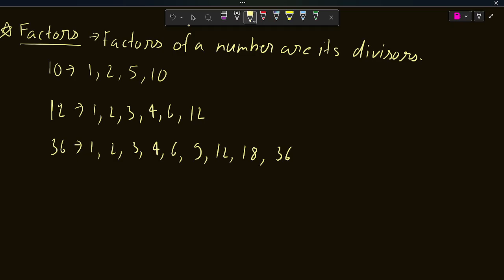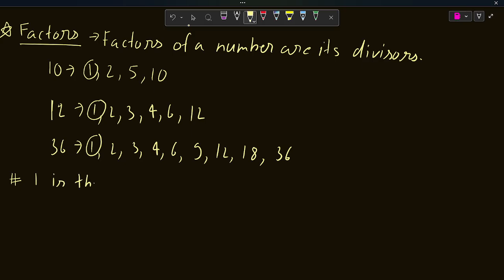In all the collections of factors, we have one common number, right? In the collection of factors of 10, we have 1. In the collection of factors of 12, we have 1. In the collection of factors of 36, we have 1. So one thing we should understand is that 1 is a factor of all numbers.